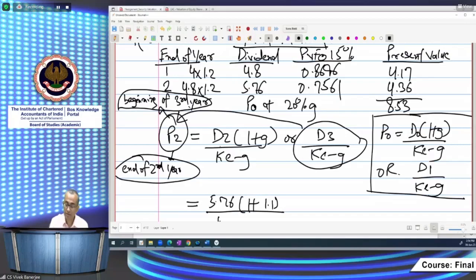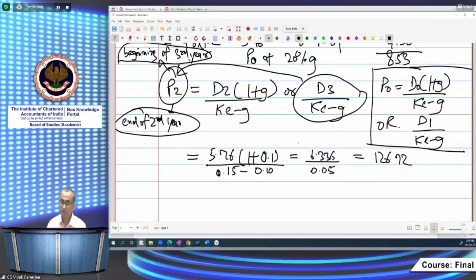It is 0.15 minus the growth rate. Okay, let us solve it.